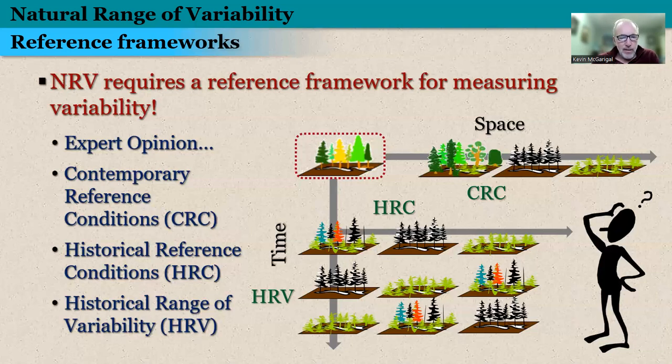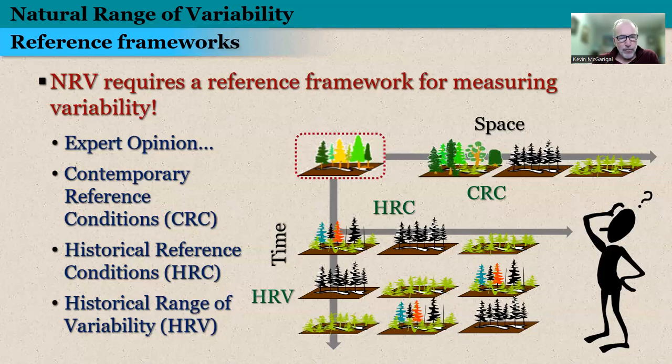And I'll discuss in detail 3 approaches, but with the 3rd approach, I'll also talk about a variation on it. These 3 primary approaches are the Contemporary Reference Condition Approach, or CRC, the Historical Reference Condition Approach, or HRC, and the Historical Range of Variability Approach, or HRV. And these 3 approaches essentially look at variability in space or time.